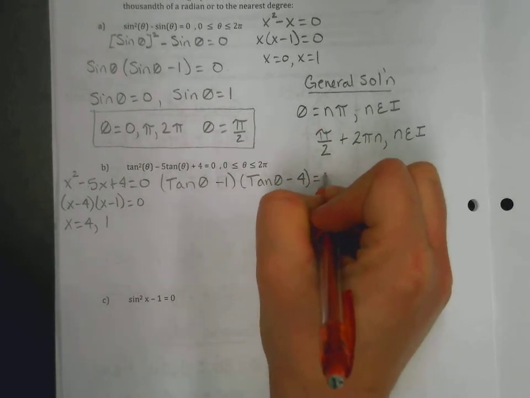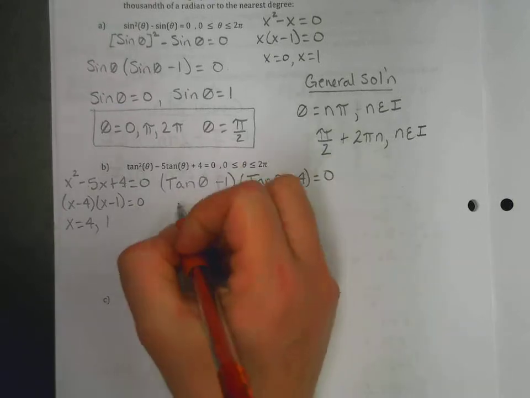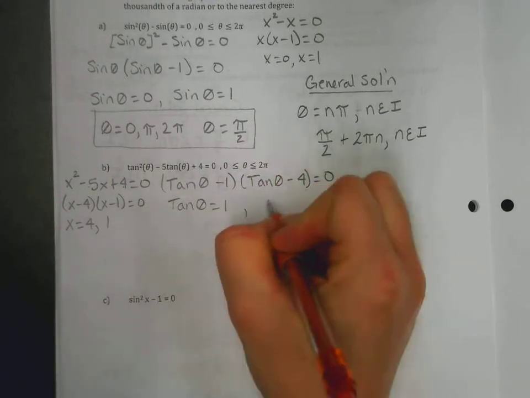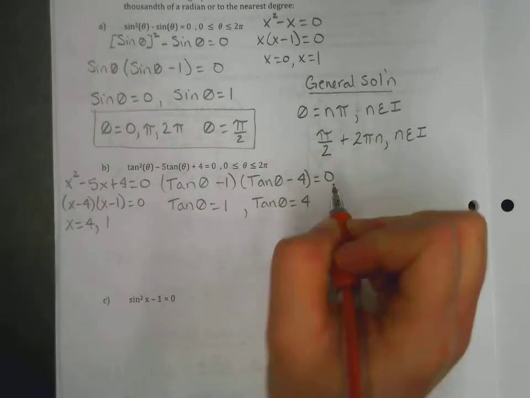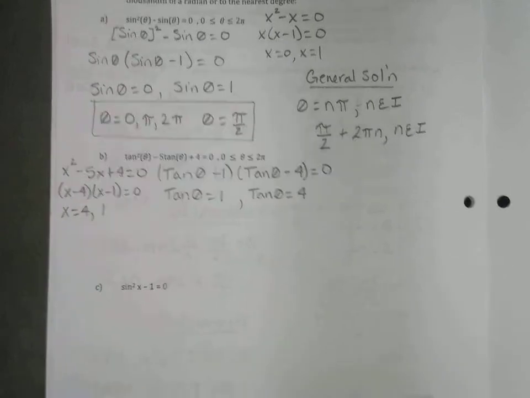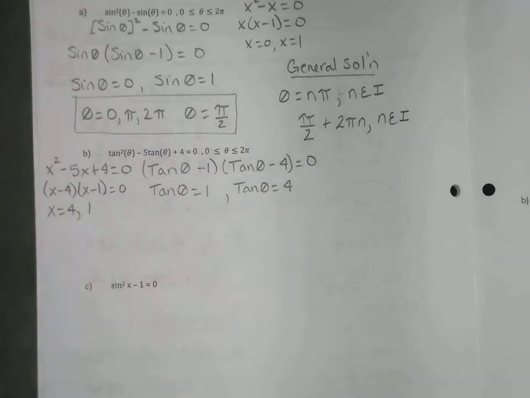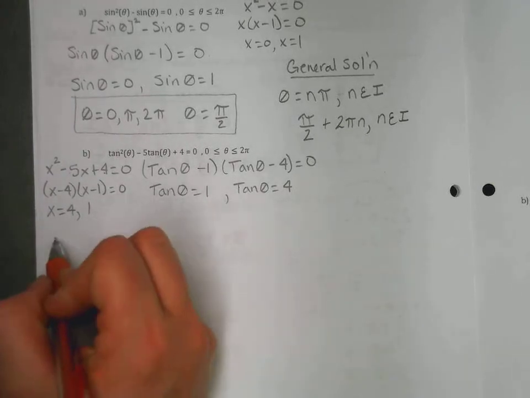So my two solutions for tangent of theta would be tan of theta is equal to 1 and tangent of theta is equal to 4. All right, so my unit circle does not have tangents on it, but looking at tangent of theta equal to 1, I know tan is sine over cos.